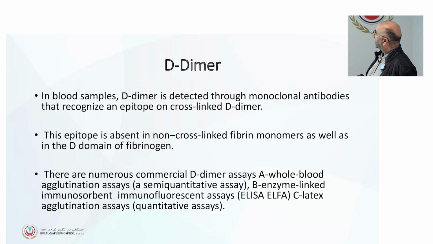There are numerous commercial D-dimer assays: a whole blood agglutination test, semi-quantitative assays, ELISA, LFA, and latex agglutination test. And this epitope is absent in non-crosslinked fibrin, only present in cross-linked fibrin, as we said.